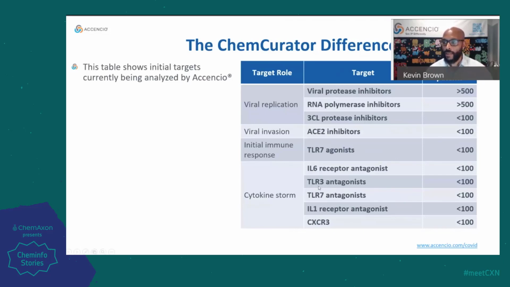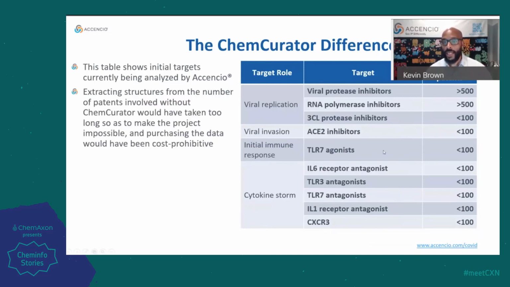But the important point about this slide is really to show you the value of ChemCurator, because if you look to the right here, the total number of patents, we were looking at trying to extract on our own thousands of molecules from a large number of patents to be able to create our IP geoscapes. This was cost prohibitive, and doing this extraction on our own very time prohibitive.